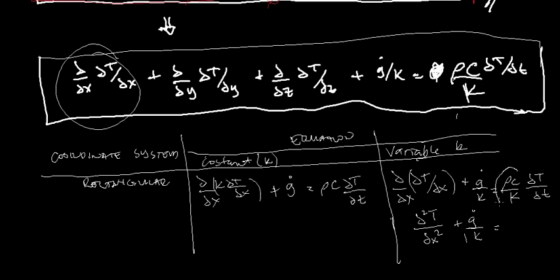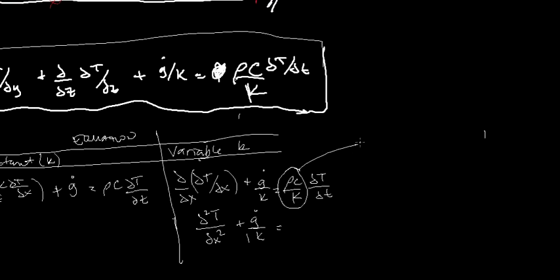Wherein, if we recall in our last videos, we have what we call the thermal diffusivity, which is one of the important thermal properties. Our thermal diffusivity, denoted by alpha, is equal to k over rho c or Cp, right?